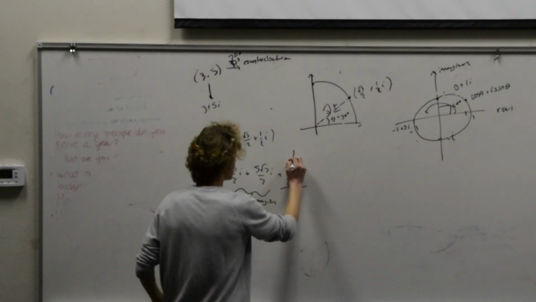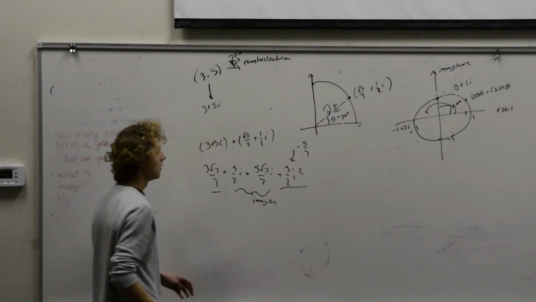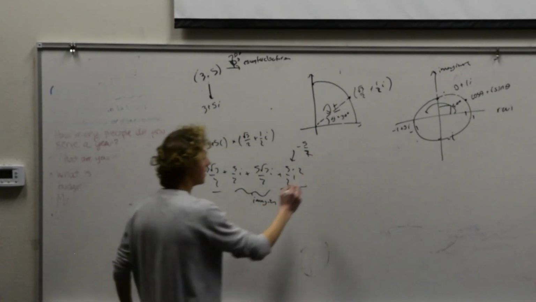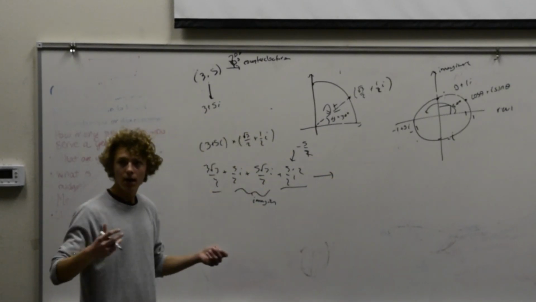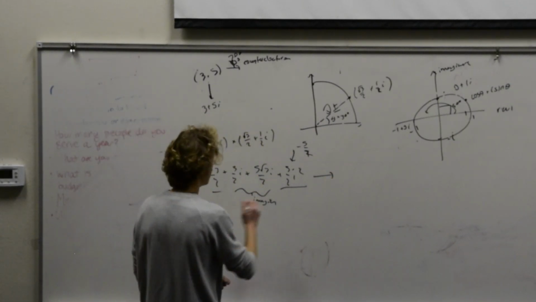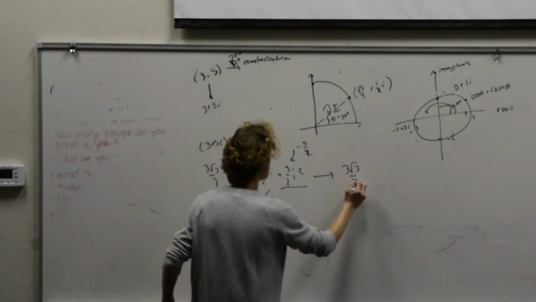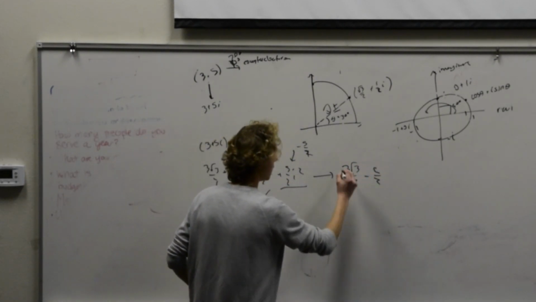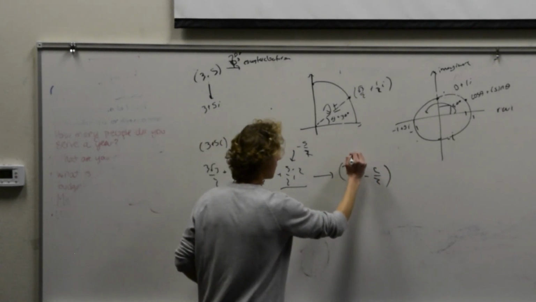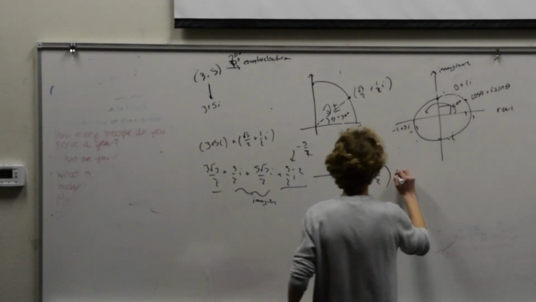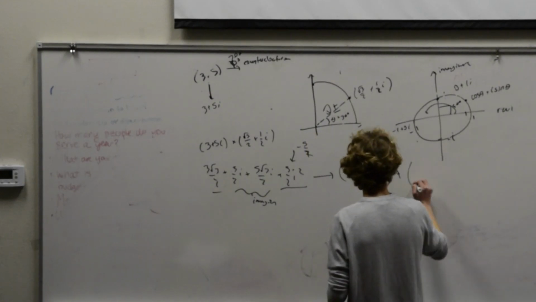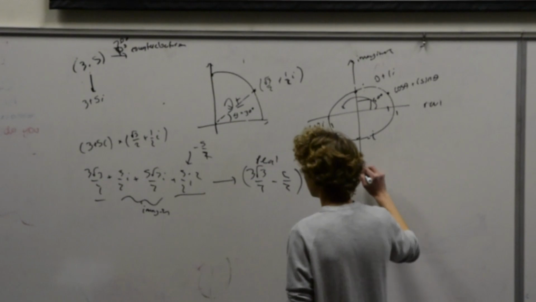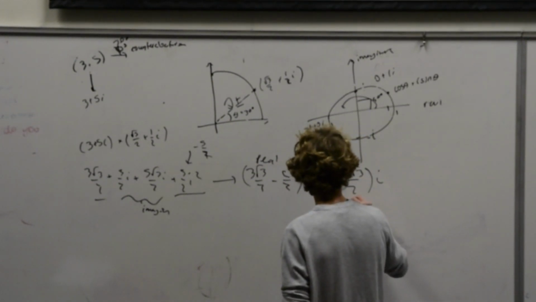And so this is the same thing as saying negative 5 over 2. So if we were to finally write this point out using complex numbers, we would have 3 root 3 over 2 minus 5 over 2. This is our real part. And then plus, we have 3 plus 5 root 3 over 2 i.